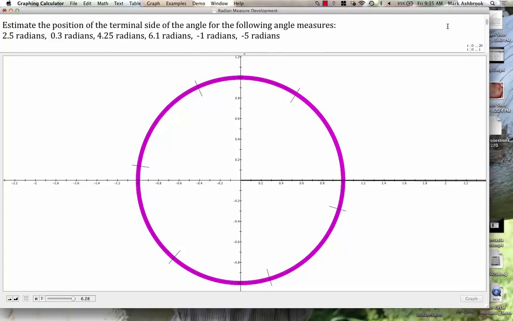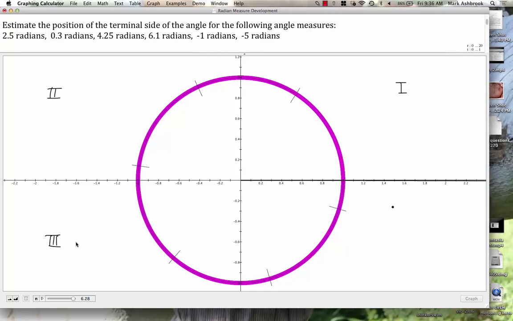Okay, Ramy, how about 2.5 radians? First of all, which quadrant? Second quadrant? A little more than 3/4 pi. We just did 3/4 pi, which was 2.3562, right? So exactly where is 2.5 radians?